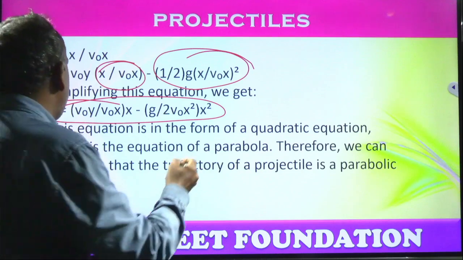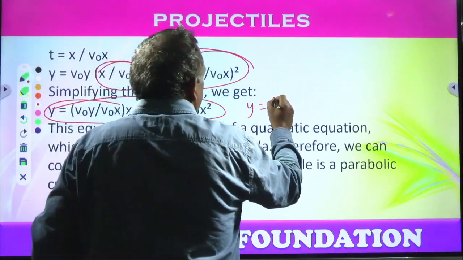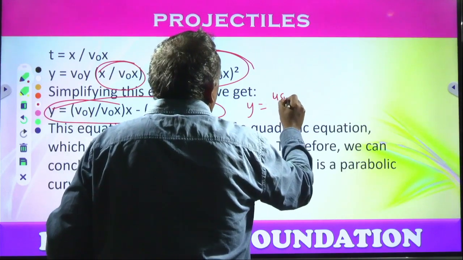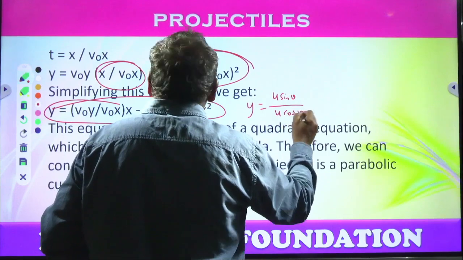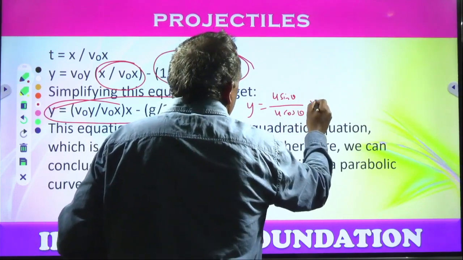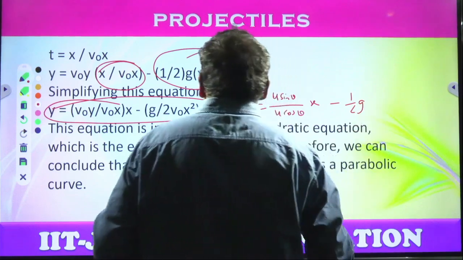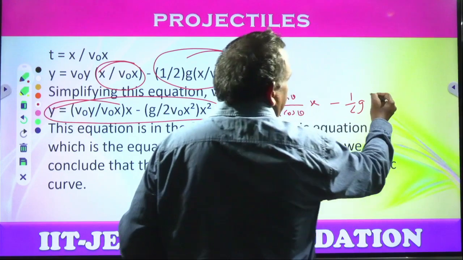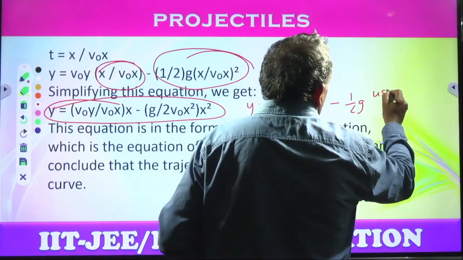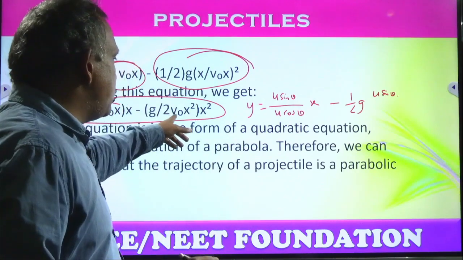This is similar to the previous result, where v naught y is u sin theta and v naught x is u cos theta.